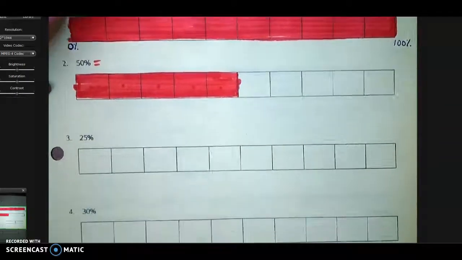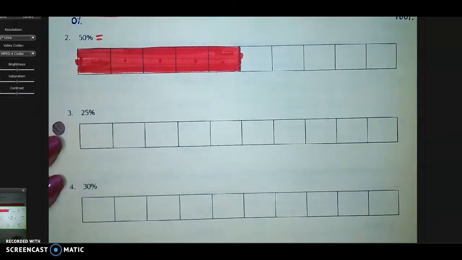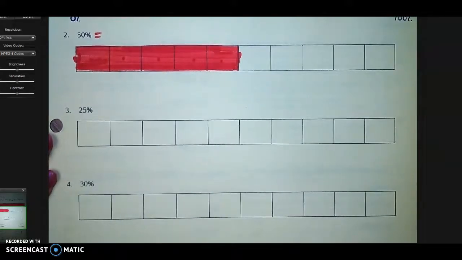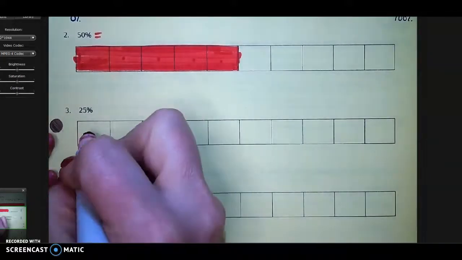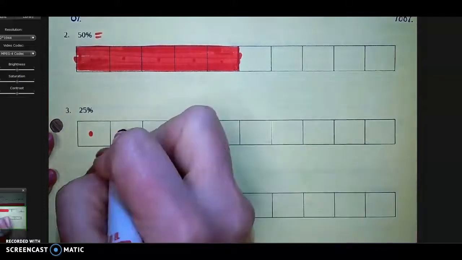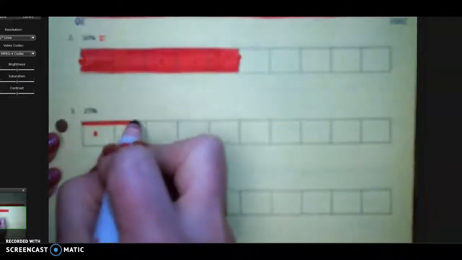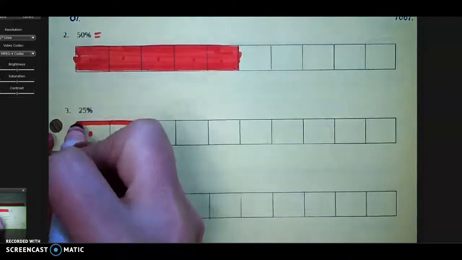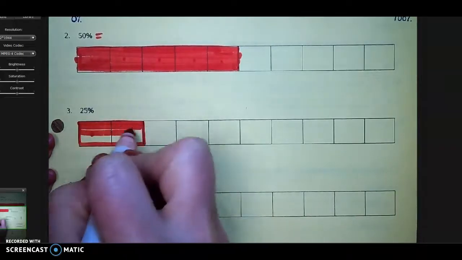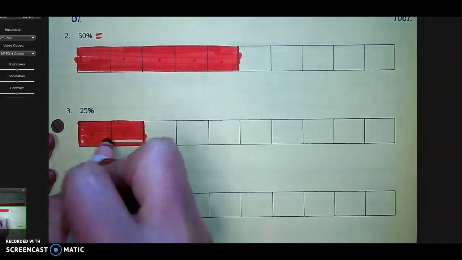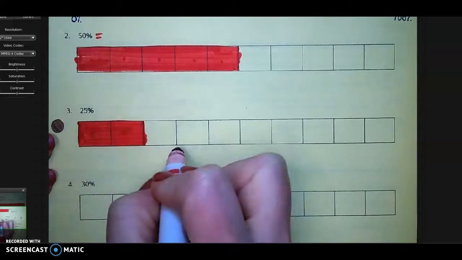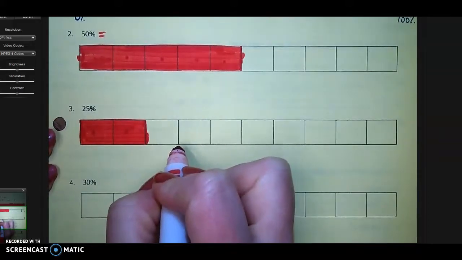So once we've noticed that each block is 10%, we can think, 25%. How much of that would I shade? So that's 10%. That one's 20%. Now if I shade another whole block, that wouldn't be 25%. That would be 30% at that point. Well, how do I get to 25?